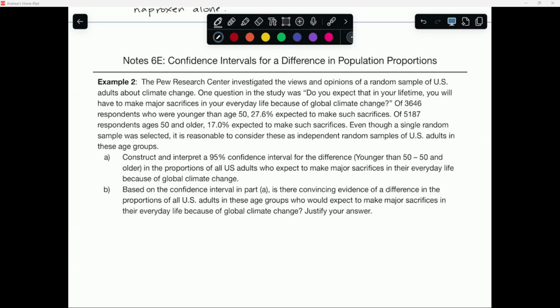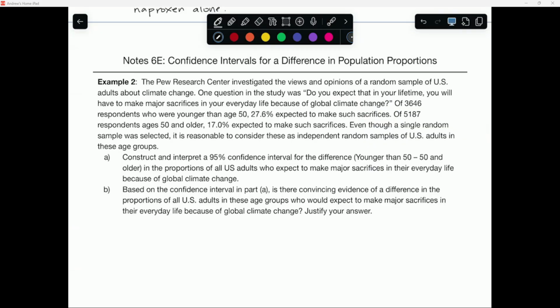Construct and interpret a 95% confidence interval for the difference, younger than 50 minus 50 and older, in the proportion of U.S. adults who expect to make major sacrifices in their everyday life because of global climate change. Based on that confidence interval in A, is there convincing evidence of a difference in proportions of all U.S. adults in these age groups who would expect to make a major sacrifice because of global climate change?